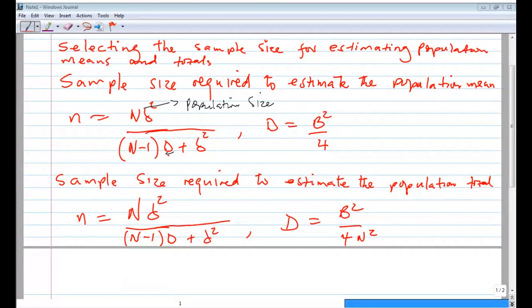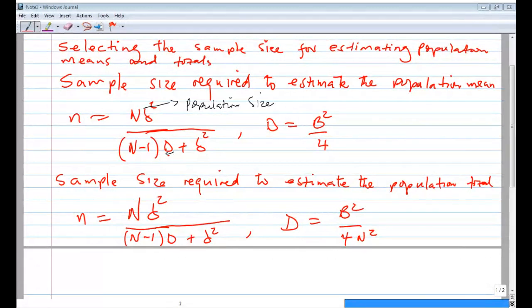The formulas are the same, but the difference is at D. For the population mean, D equals B squared over 4, and for the population total, D is equal to B squared over 4N squared. So those are the two formulas that you can use to calculate the sample size required to estimate either the population mean or the population total. I think we are together.